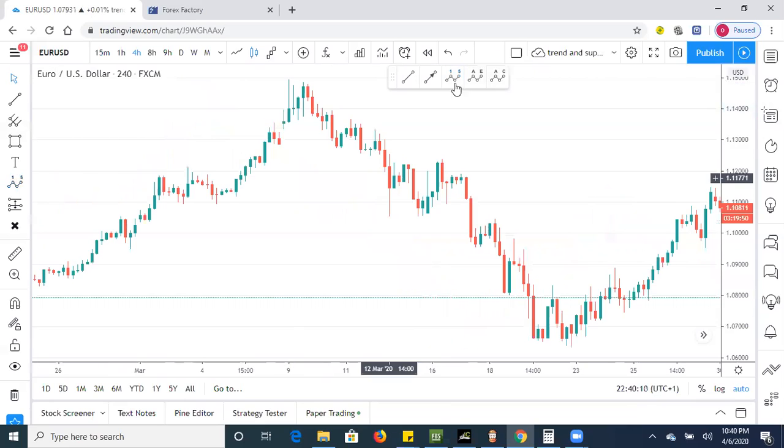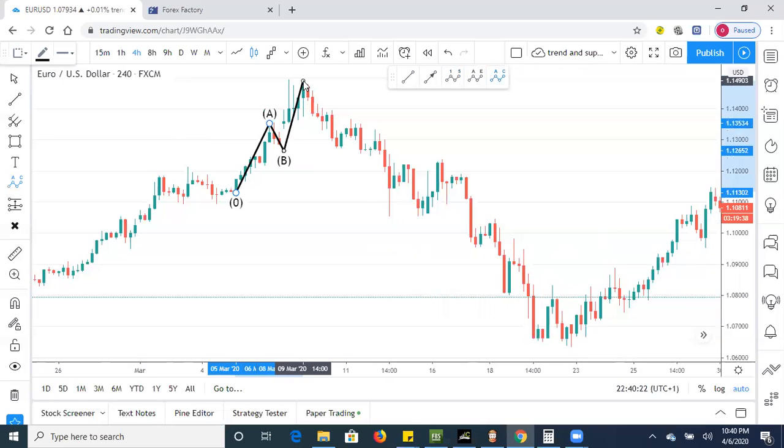So initially we were in an uptrend. Right? We were in an uptrend. We had higher highs and higher lows. Right?